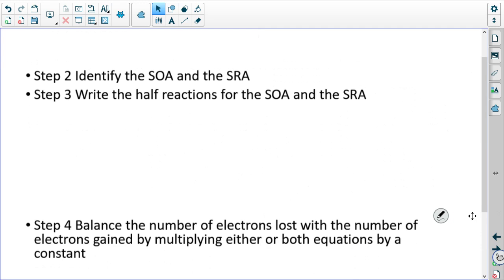Right, so the strongest oxidizing agent. How many waters are there? 8?